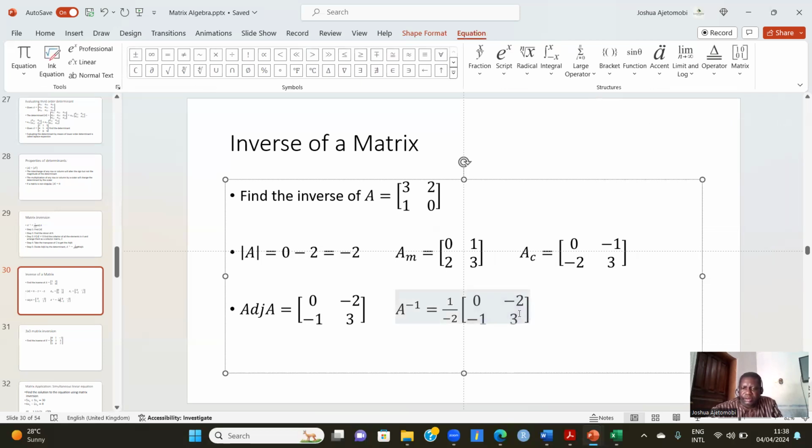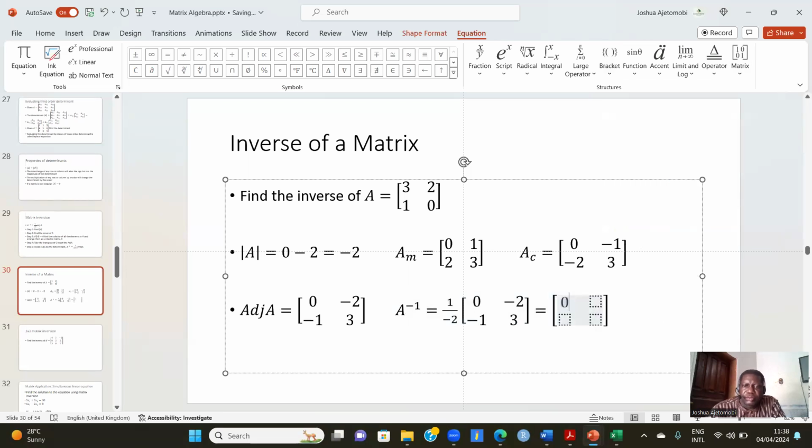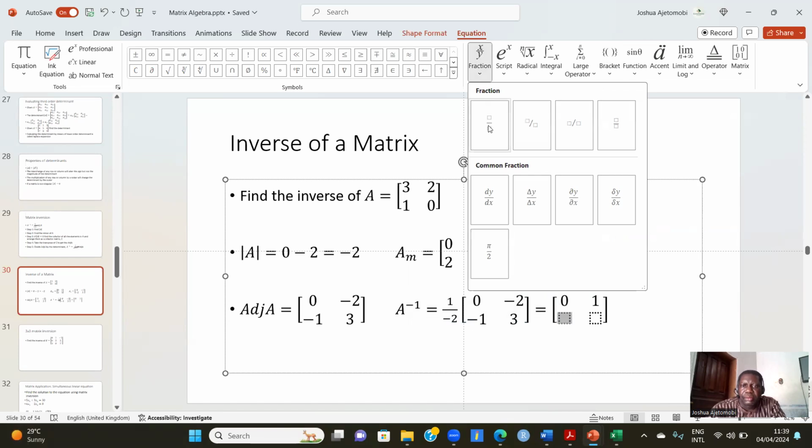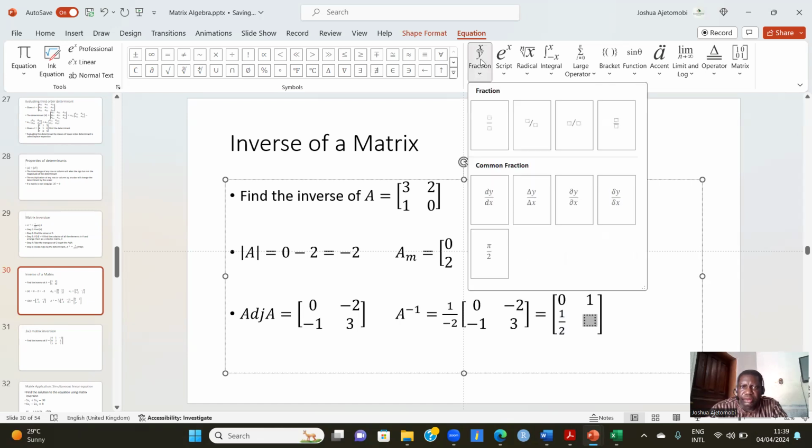Let us finish it, equals, so this 0, this will be 1, this will be half, and this will be minus 3/2.